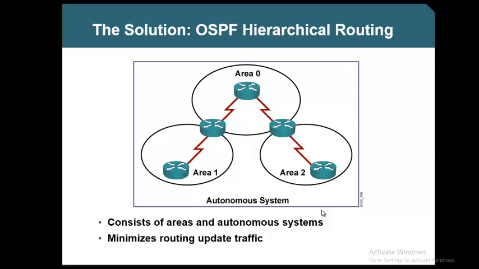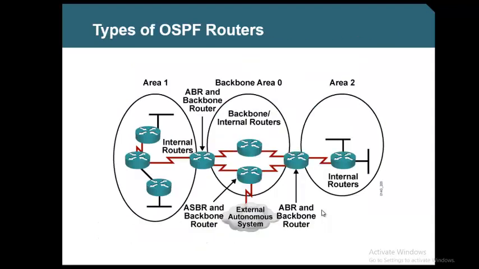Hierarchical design is what is recommended, and OSPF highly recommends and supports it. When you have multiple areas, there will be an ABR in between area 0 and the other area. Between area 0 and the other area, there is one common router which is connected to both area 1 as well as area 0.